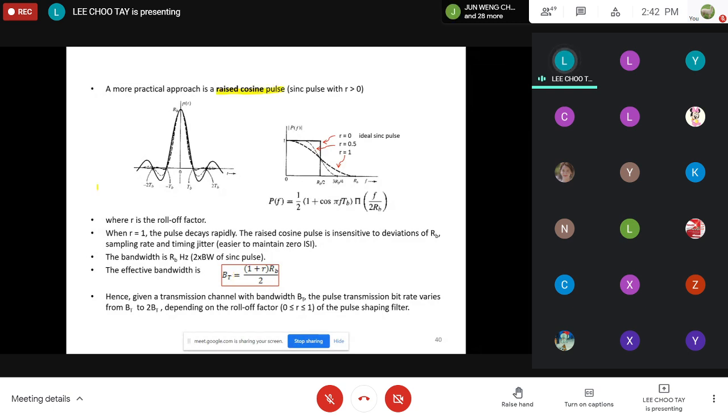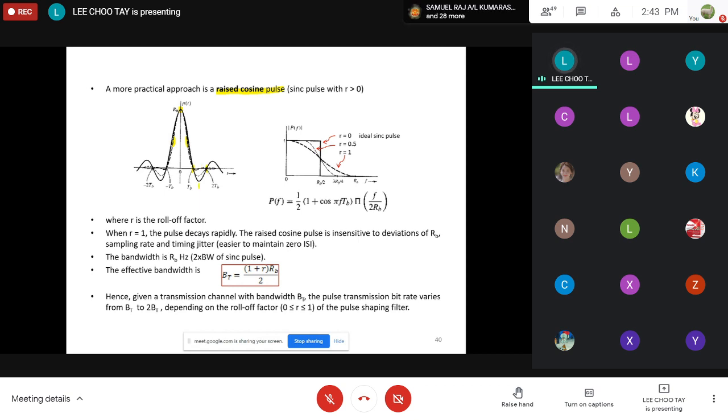A raised cosine pulse basically looks very similar to a sync pulse. But if you look at the shape of the raised cosine pulse, the dotted line here, you can see that the pulse decays much faster compared to the sync pulse. The amplitude is the highest here, but at any NTB, the amplitude is 0.